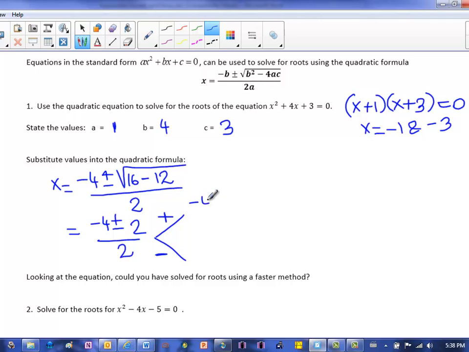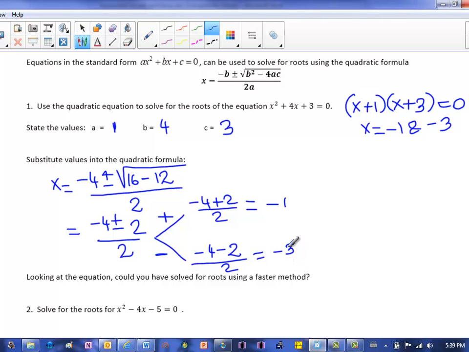So I have negative 4 plus 2 over 2, or the negative branch is negative 4 minus 2 over 2. I don't want you thinking that a positive branch will always produce positive roots. No, it just relates to the fact that I'm going to take into consideration the positive and the negative between the two terms. So, negative 4 plus 2 is negative 2, divided by 2 is negative 1. And negative 4 minus 2 is negative 6, divided by 2 is negative 3.